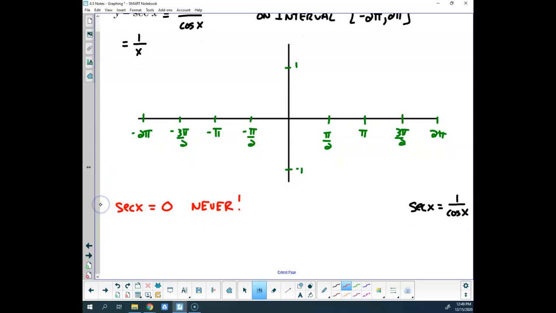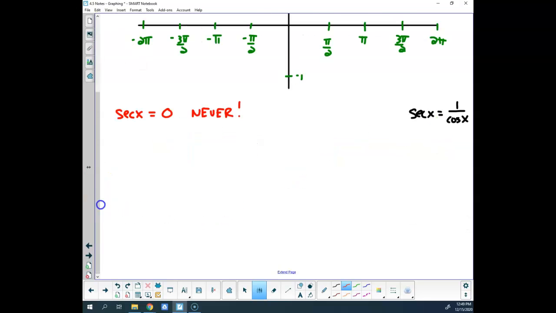Which means, if we fast forward to the graph, our graph will not cross the x-axis. Because if it did, our function, secant, would be equal to 0. So our graph will not cross over the x-axis. Okay. Love it.